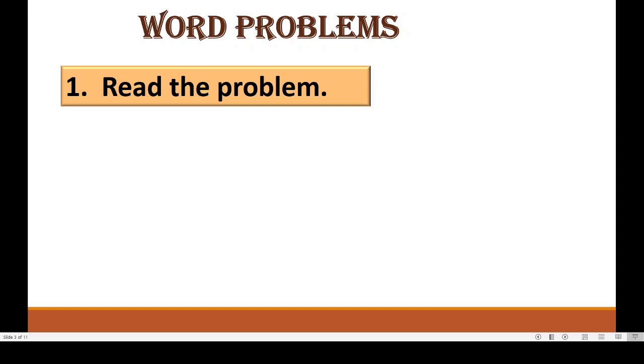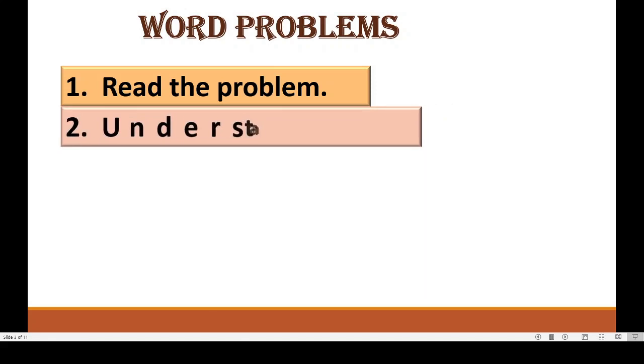Got this? Okay. First, we have to read the given problem. The problem is given in sentences. There are some numbers, correct? Like this. So, we have to read the problem given. Second step is to understand the given problem.